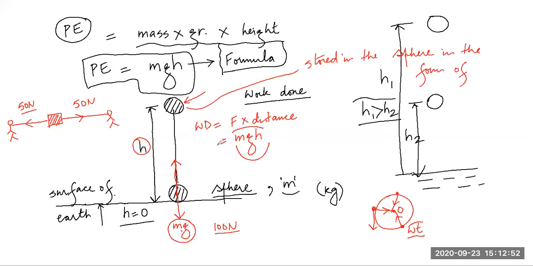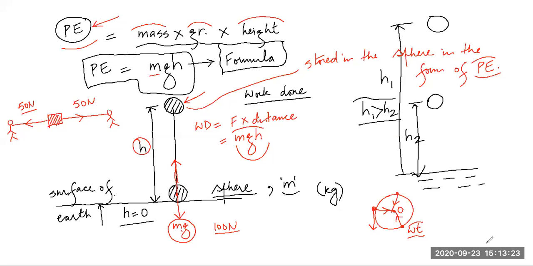No, it gets stored in the form of potential energy. That's why potential energy is mass times acceleration due to gravity times height. Did you understand? Did you enjoy, students? Yes, sir. Watch again and you will understand better. So potential energy also we have done.